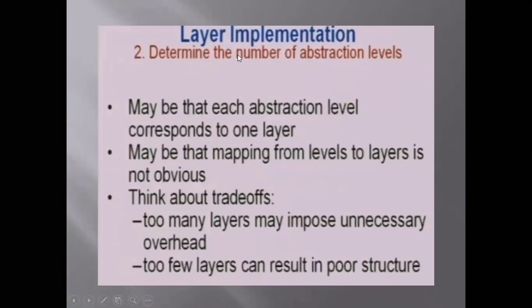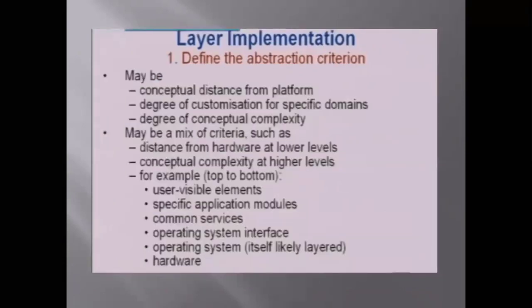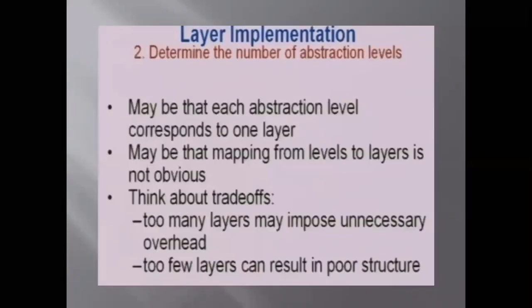So the next step is to determine the number of abstraction levels. When we are clear with the abstraction criterion, the next is how many levels of abstraction should be defined. There may be that each abstraction level corresponds to one layer.